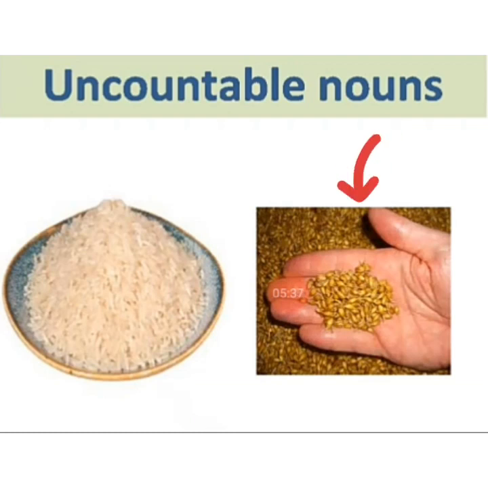These barley are so plenty that you cannot count them. So with this, we say that it is what? An uncountable noun, because it is impossible for you to start counting the grains of this barley individually or one by one. So at this point, we say that this is an uncountable noun. Don't forget that an uncountable noun is a noun that cannot be counted.